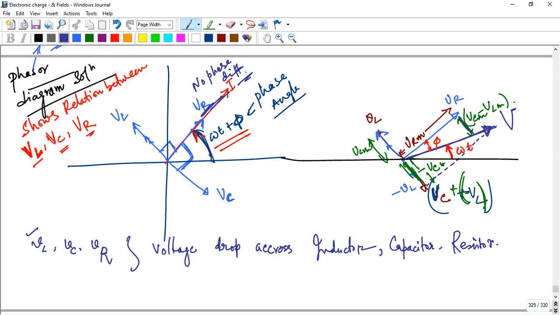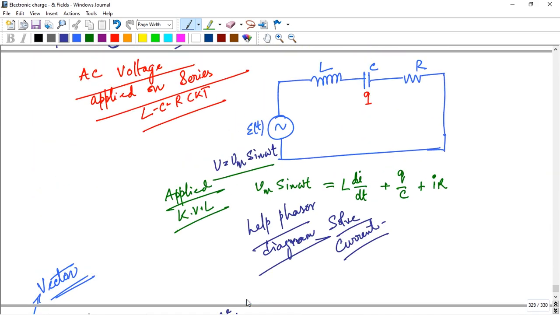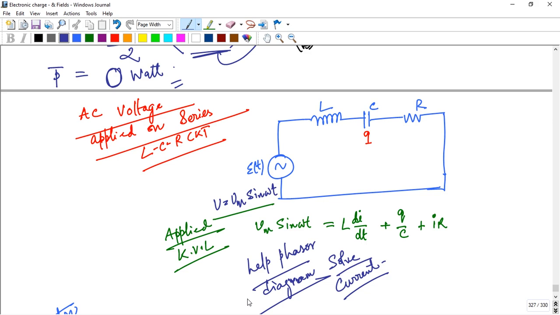The voltage drop across the inductor is pi by 2 ahead of the current. The voltage drop across the capacitor is pi by 2 lag of the current, and the current is the same because these are in series. From KCL in network theory, in series there is no current change. The current value changes only at a junction point. This circuit has no junction point, so the current value is the same.